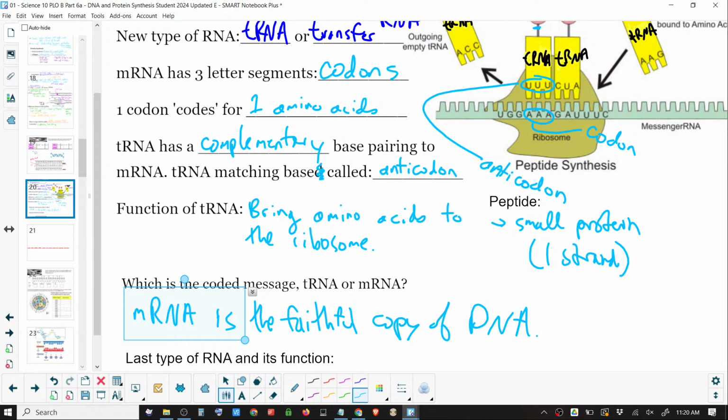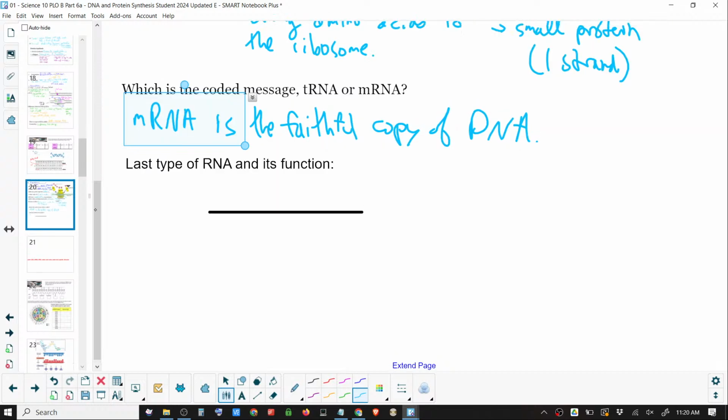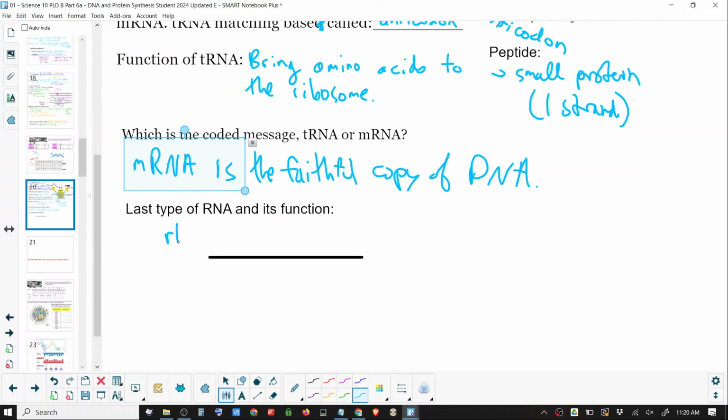There is one other type of RNA, and it is rRNA.